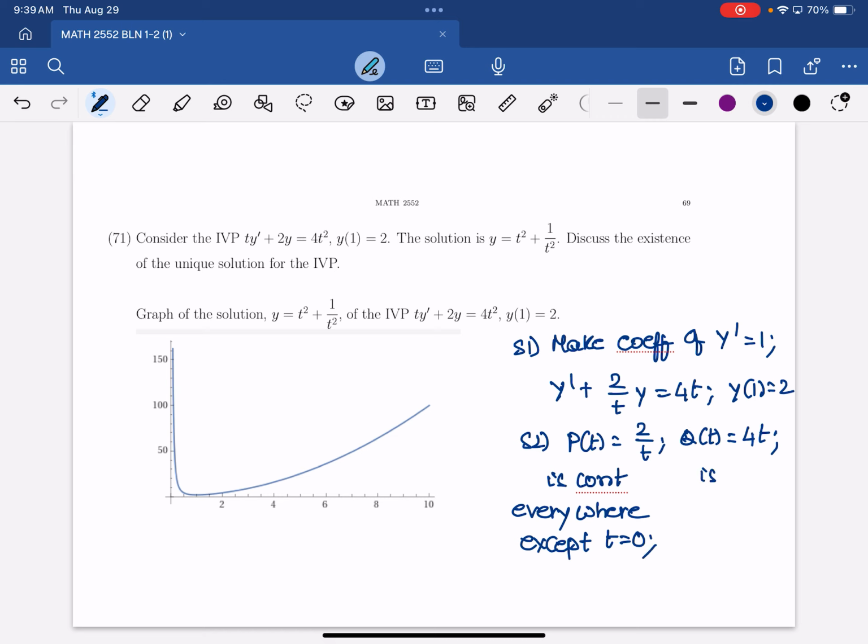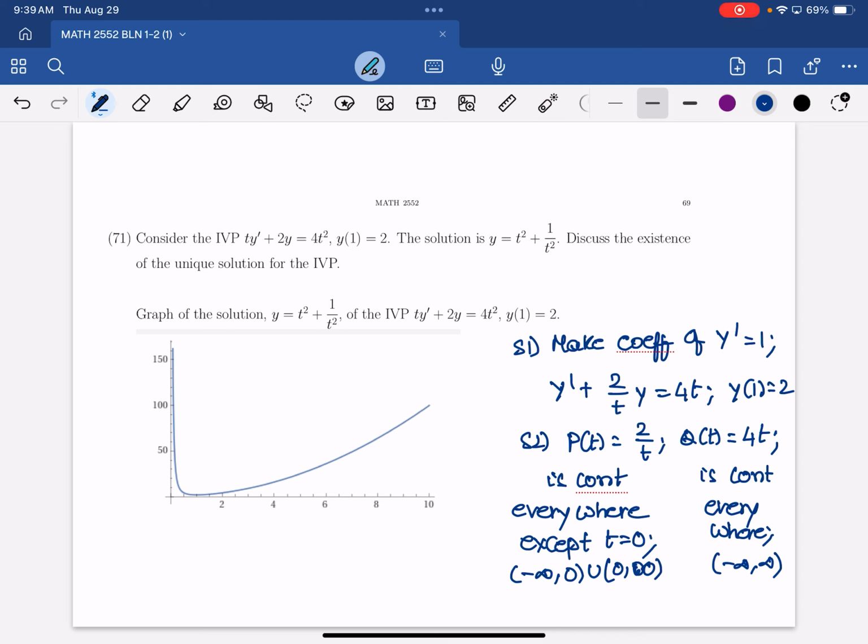It is continuous everywhere. Now the smallest interval: continuous everywhere except t equals 0 means you write negative infinity to 0 union 0 to infinity. This one is negative infinity to positive infinity. Do you agree with me on that?